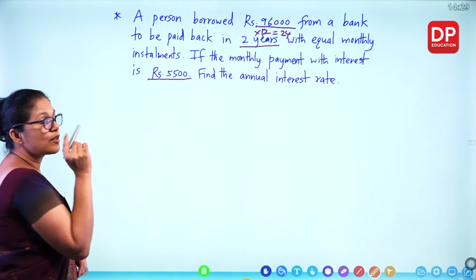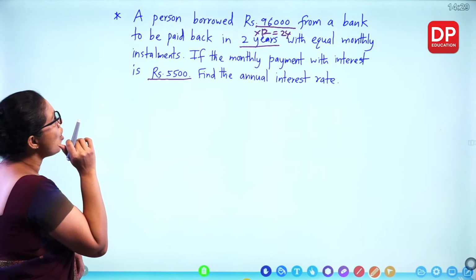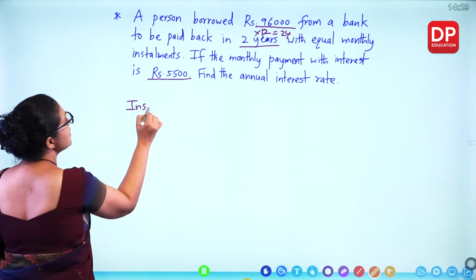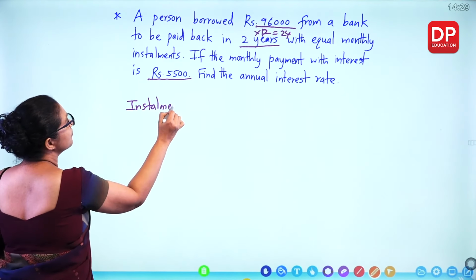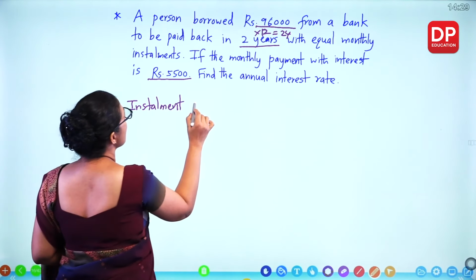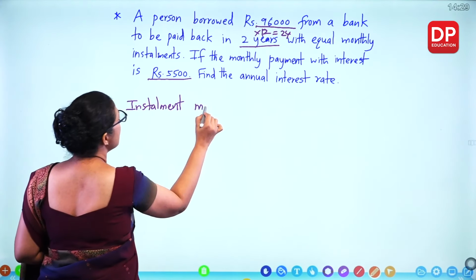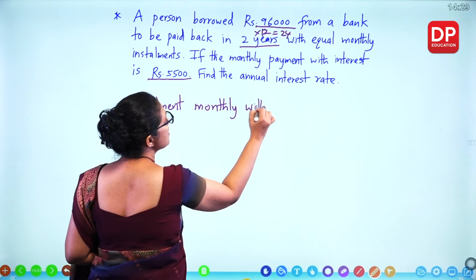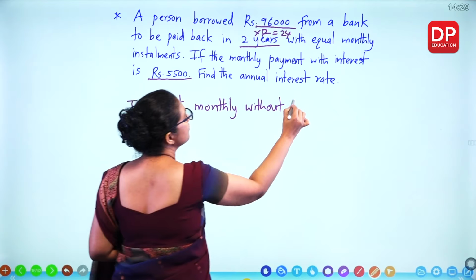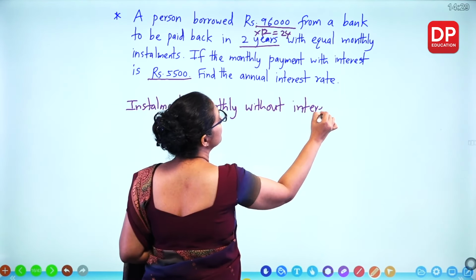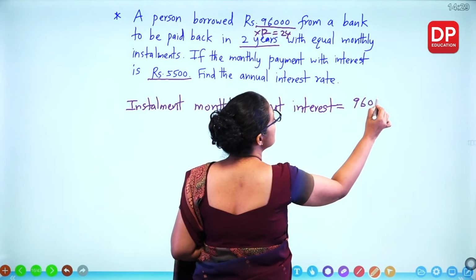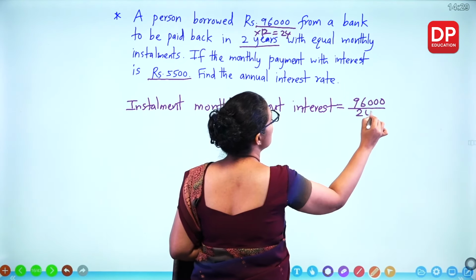So first we'll calculate the installment monthly without interest. 96,000 divide by 24.